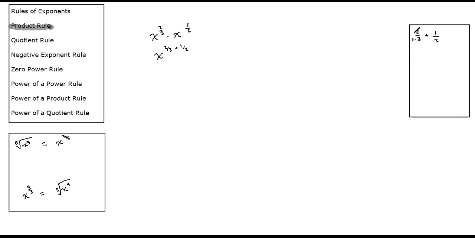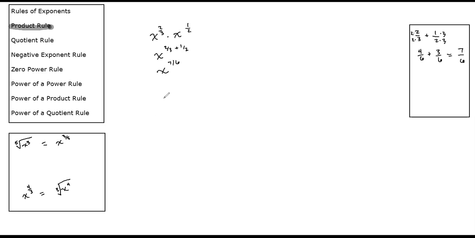So we would multiply the left fraction top and bottom by 2, and the right fraction top and bottom by 3. That gives us 4/6 plus 3/6. Now that they have the same denominator, I keep the denominator and add the numerators. That gives me 7/6. So my answer here would be x to the 7/6 power.